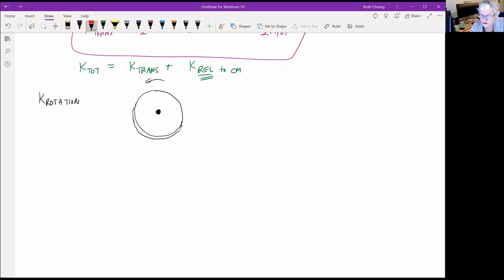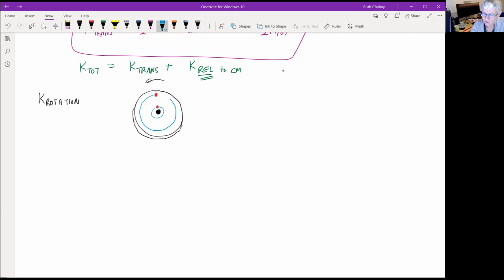Now let's think about two atoms. Let's think about one atom that's near the edge and one atom that's near the center. In one rotation, this atom has to go around that distance, whereas this atom has to go much further.